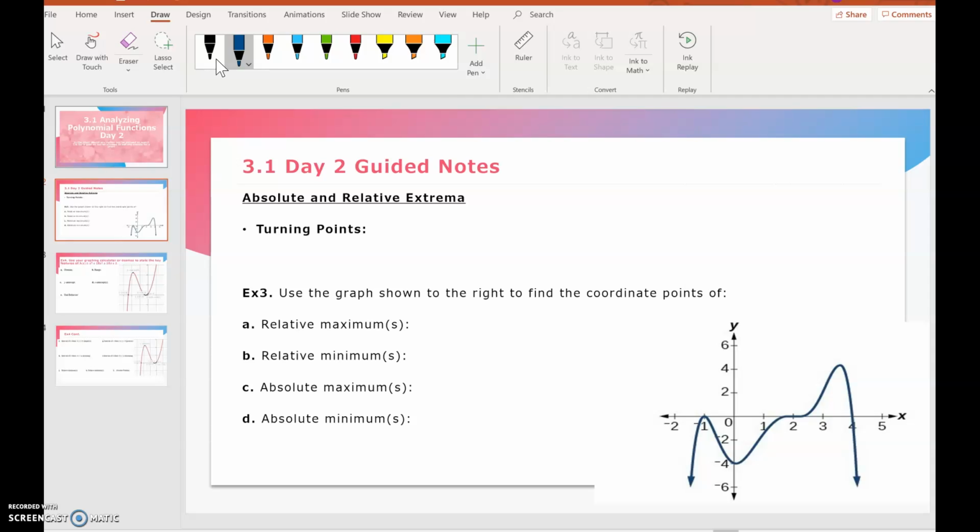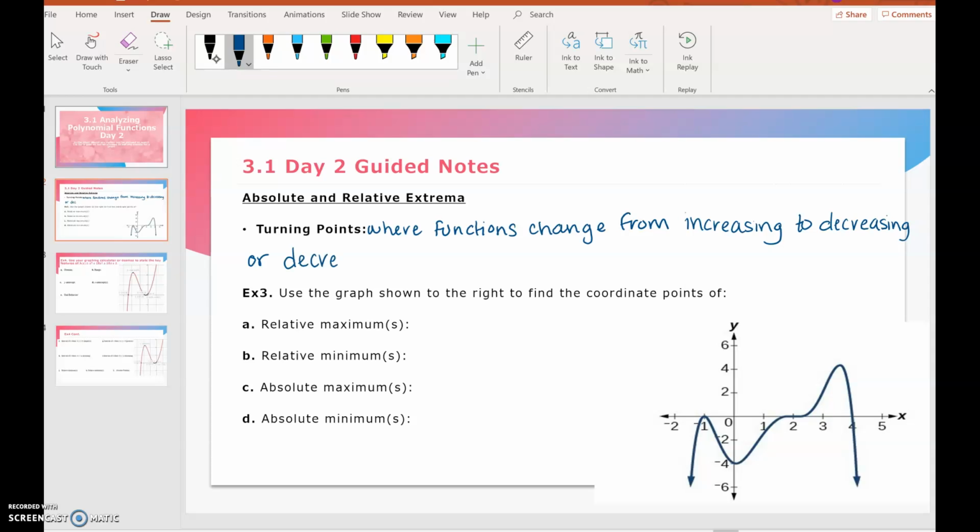We need to know what turning points are. So a turning point is where the functions, I'm going to erase that and rewrite that. So where functions change from increasing to decreasing or decreasing to increasing.